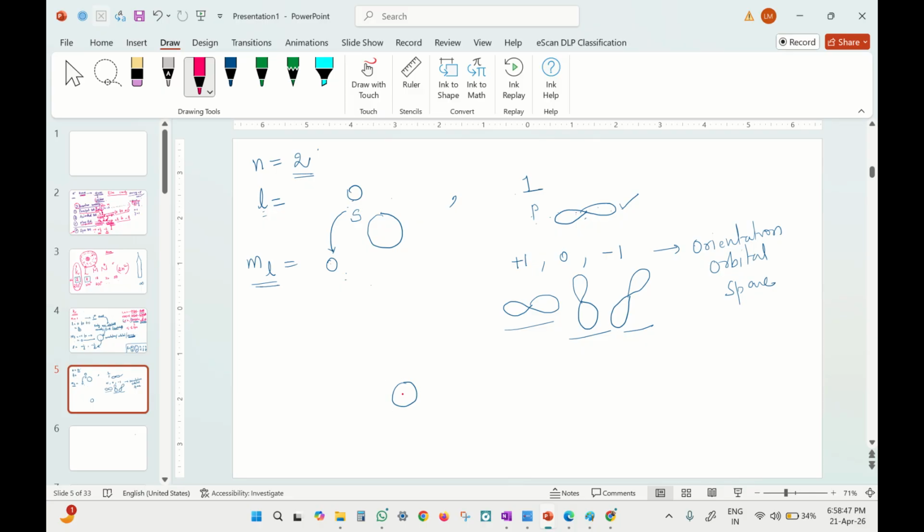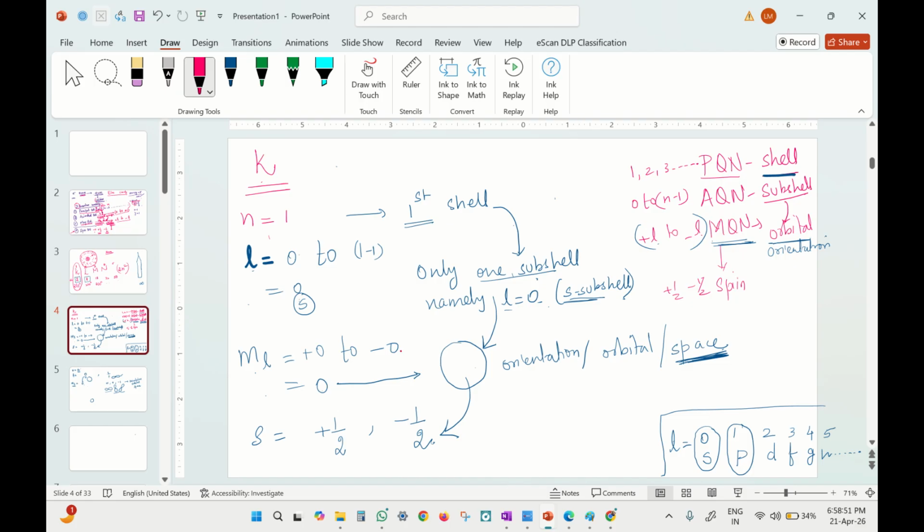Within the first shell, which subshell is present? S only. And what is the shape of this S?